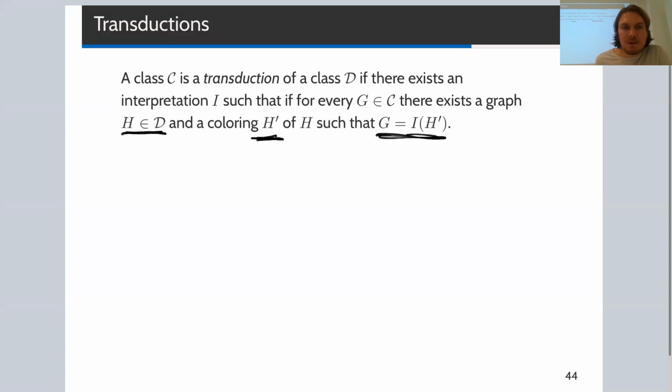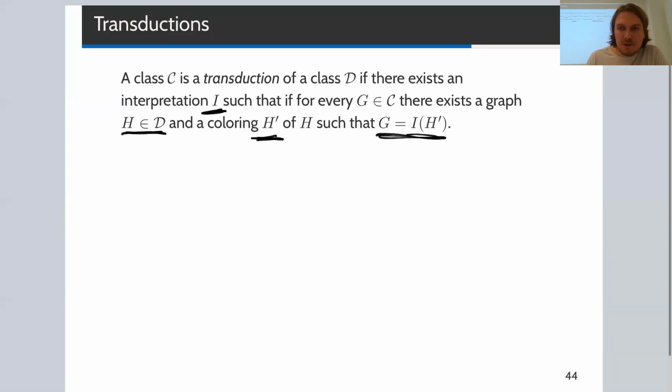So in other words, C is a transduction of D if every graph in C can be derived from some graph in D by first doing a coloring and then doing an interpretation. The important bit is that the interpretation needs to be the same for every graph. You have to fix the interpretation beforehand in order to construct every graph in C.